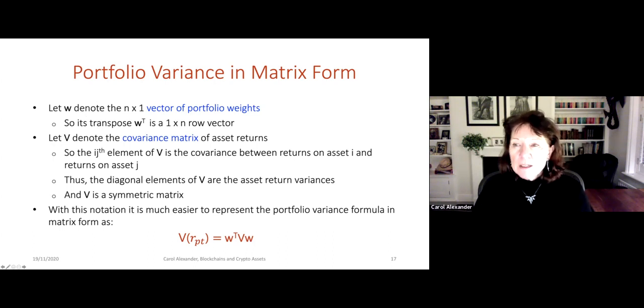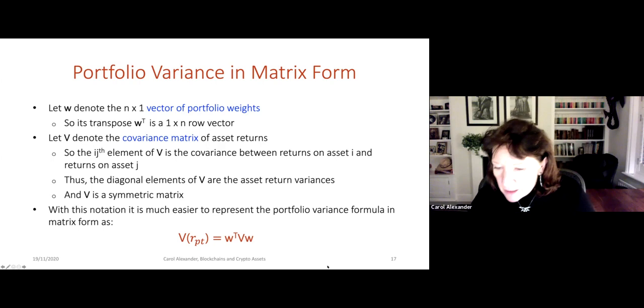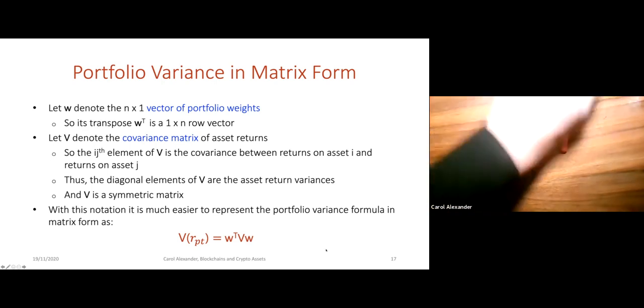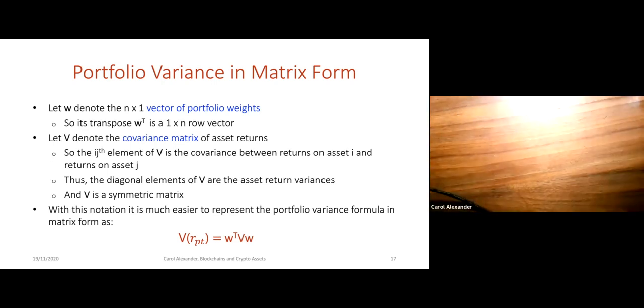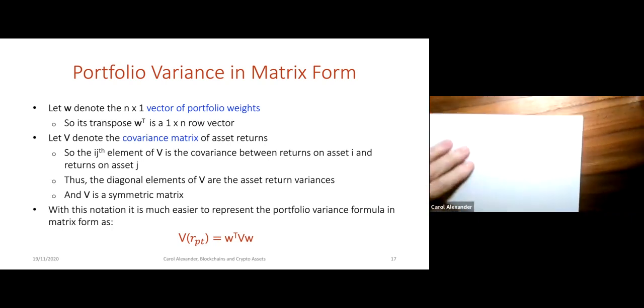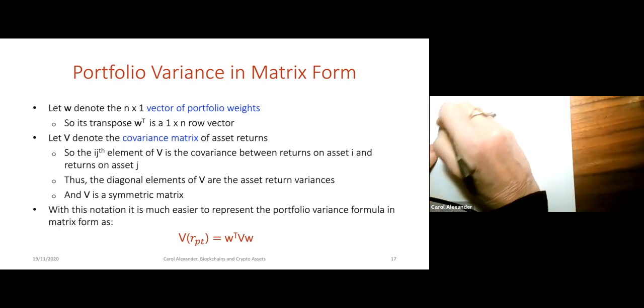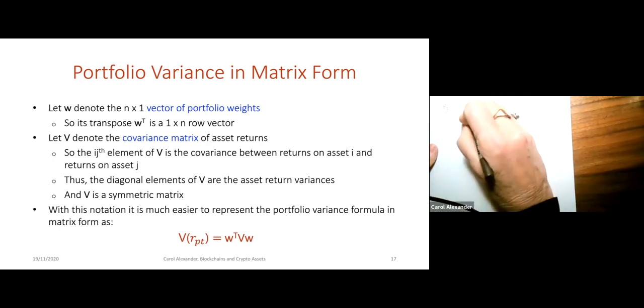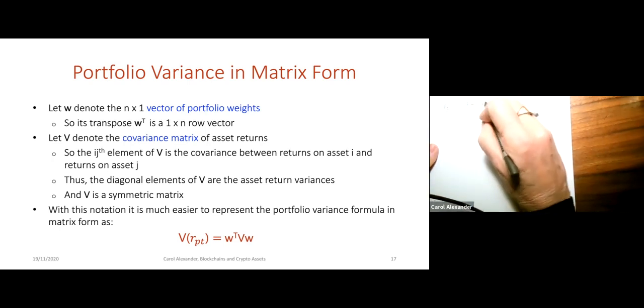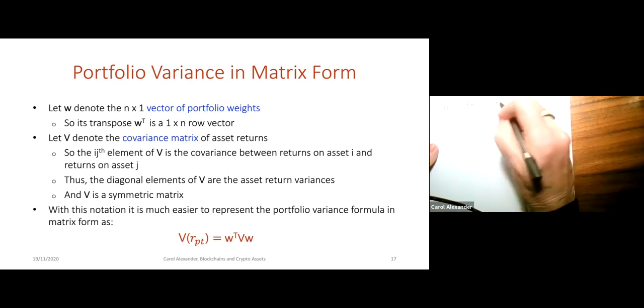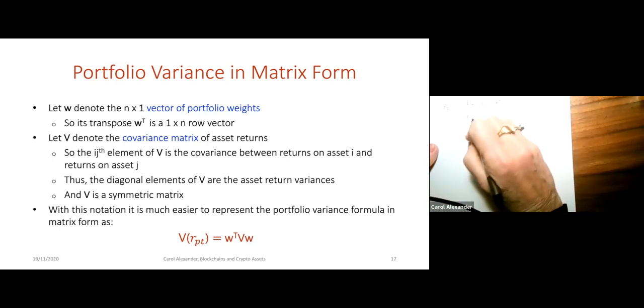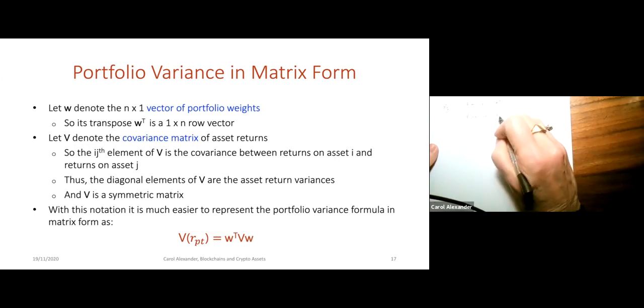So, let me show you my screen here. Here we are. So suppose we have, for example, 1 million in Bitcoin and 2 million in Ripple.